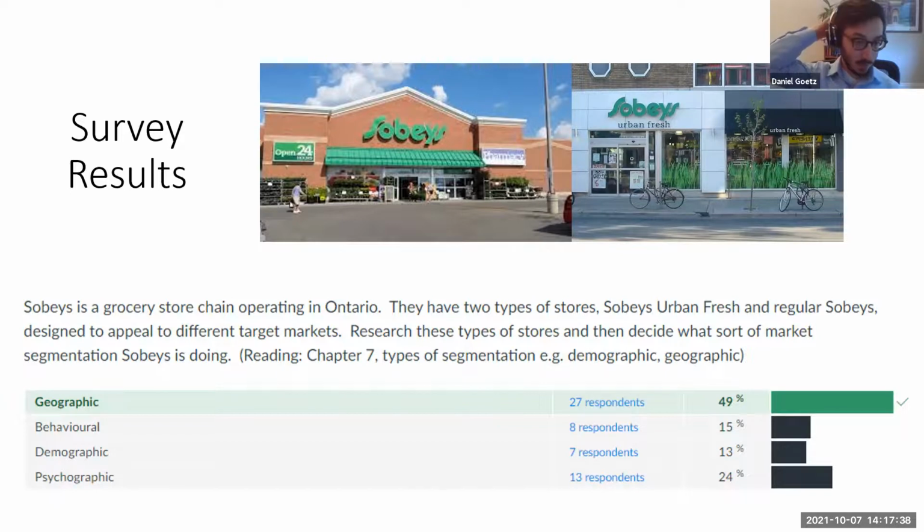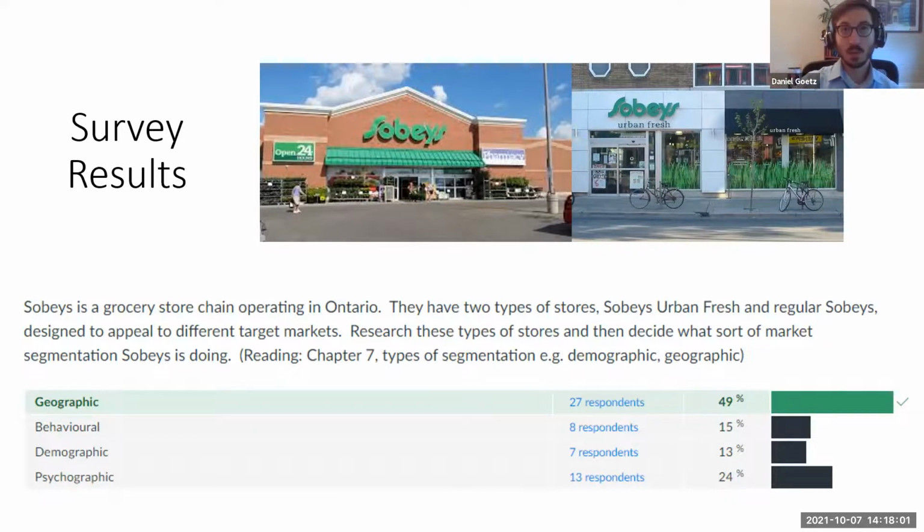Looking on a map is a great idea. Very good to take that look. I see some other hands up, but I'm going to keep the discussion moving so we have time for everything else in the lecture. One thing you can think about is that this question is a little unfair because the segmentation is probably happening in a few different dimensions.